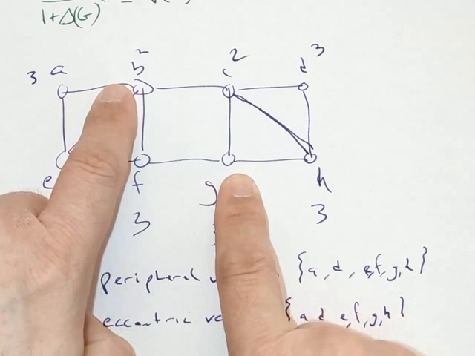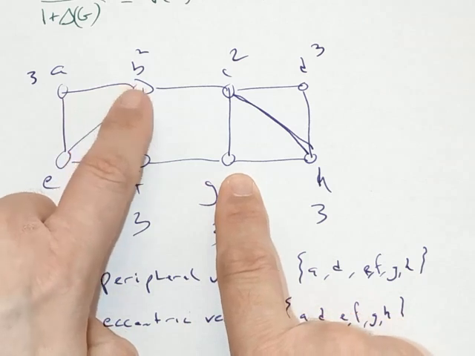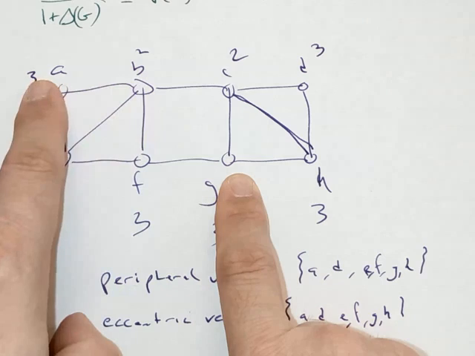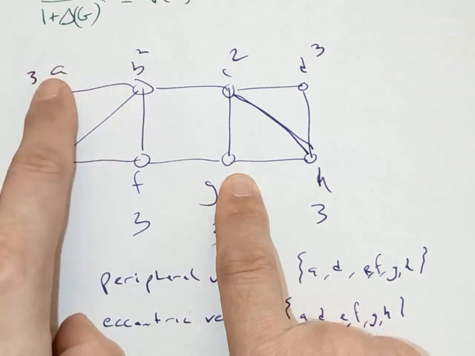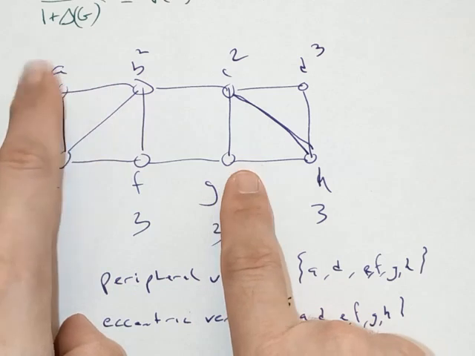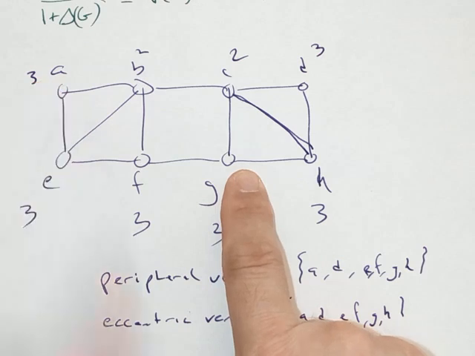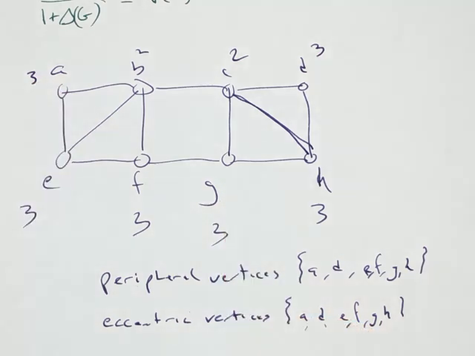Is the distance to any neighbor of B less than or equal to 2? Distance from G to A is 3. That's bigger, not smaller. So B is not a boundary to G.